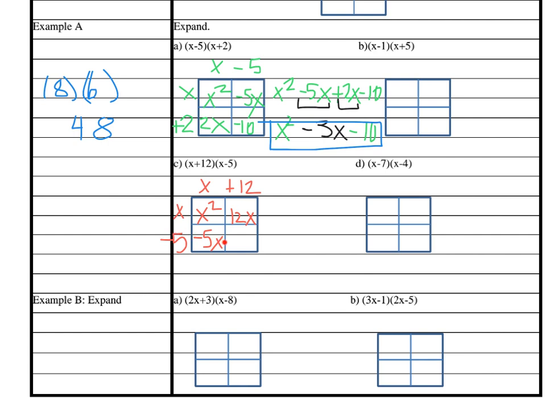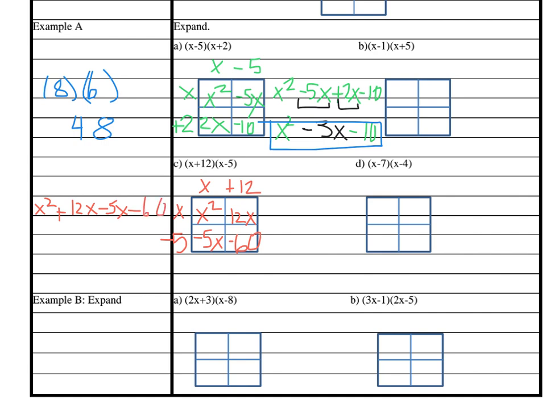And then negative 5 times positive 12 in this box is negative 60. So now I'm going to write out what I got. x squared plus 12x minus 5x minus 60.